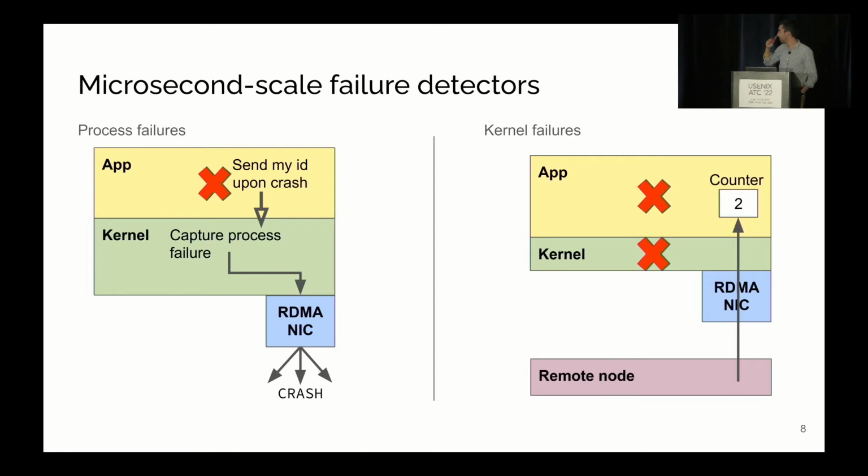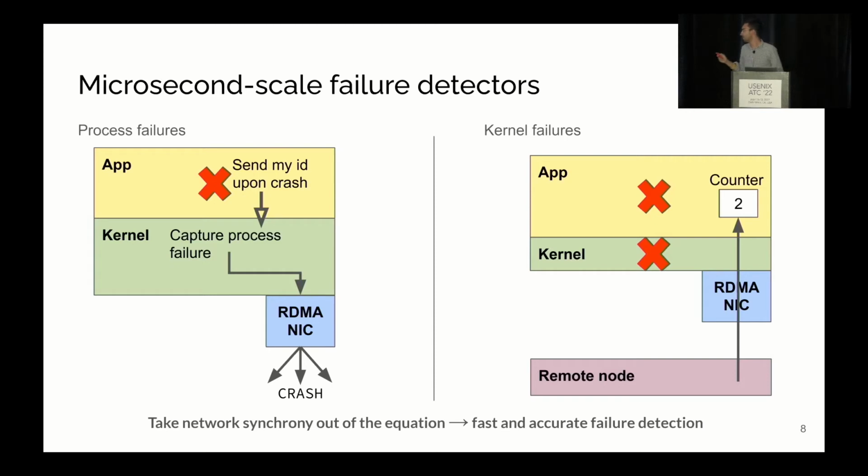And the other nice thing is that this does not depend on the network asynchrony. The only thing that you need to be able to do as a remote node is to access the counter. It doesn't matter how long it took to access the counter. It could have taken like 5 years. It doesn't matter. So we don't have false positives there. And so the takeaway is that really, if you can somehow manage to take network synchrony out of the equation, then you can have fast and accurate failure detection.